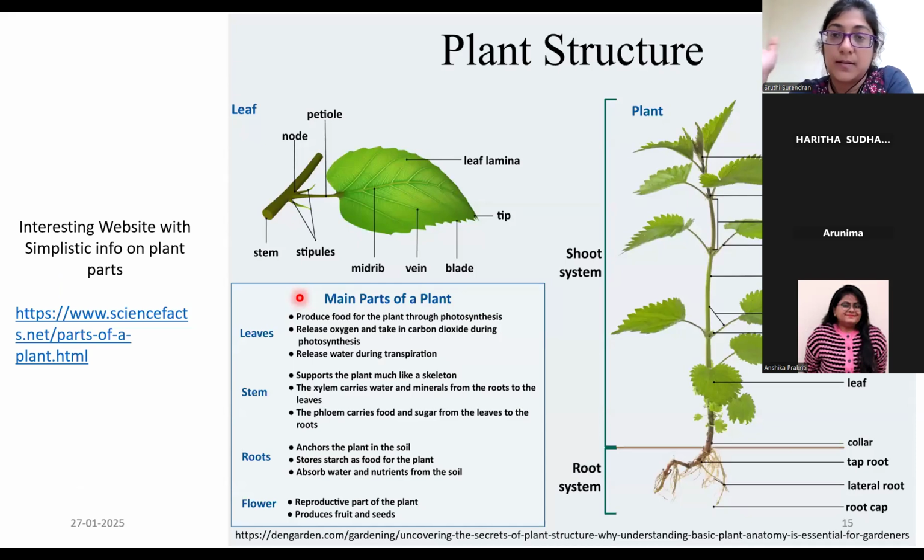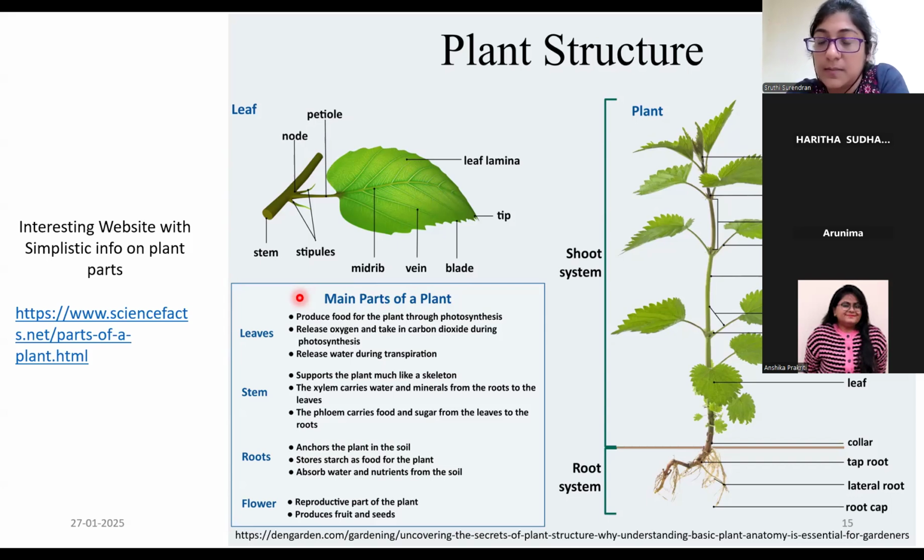So let's focus on a single plant. This is the structure of a typical plant. There are different types of plants and different types of structures, but we will just be discussing a typical plant. In a typical plant, there are leaves, stem, roots, and the plant will have flowers. From flowers, there will be fruit, and so on. Let's start with root.